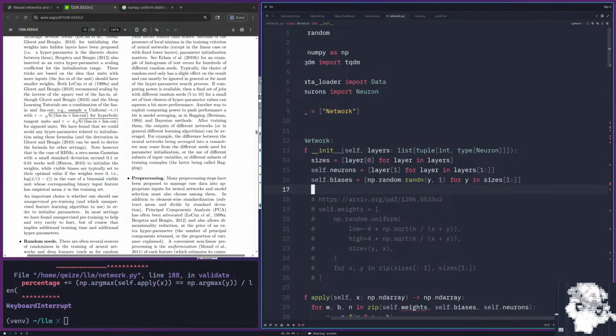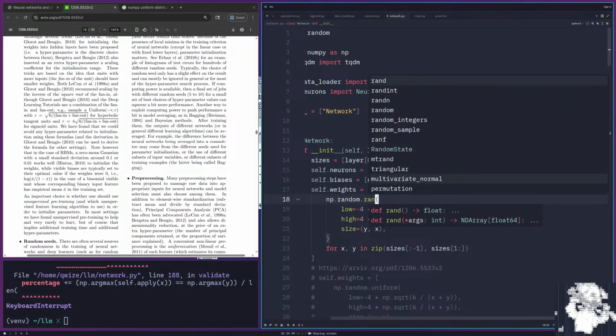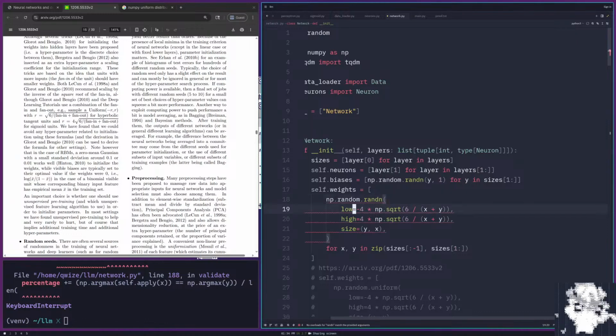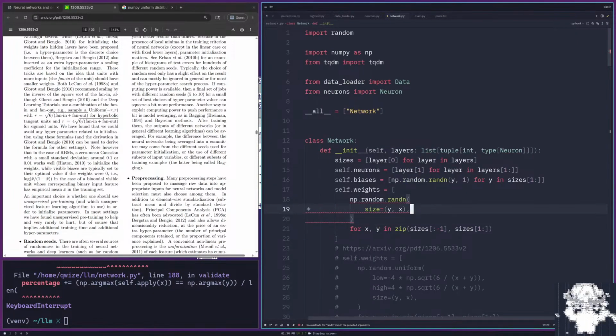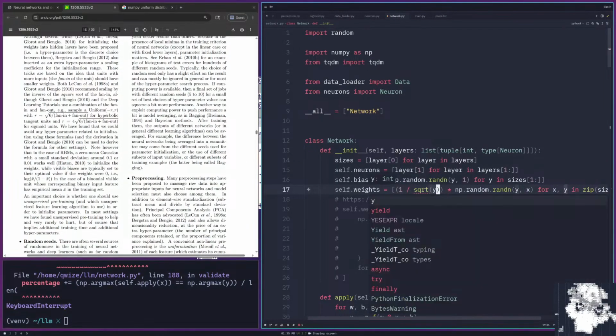Versus what seemed to give the best results was randn, and then you just pass in this, and you multiplied this by 1 over the square root of x.